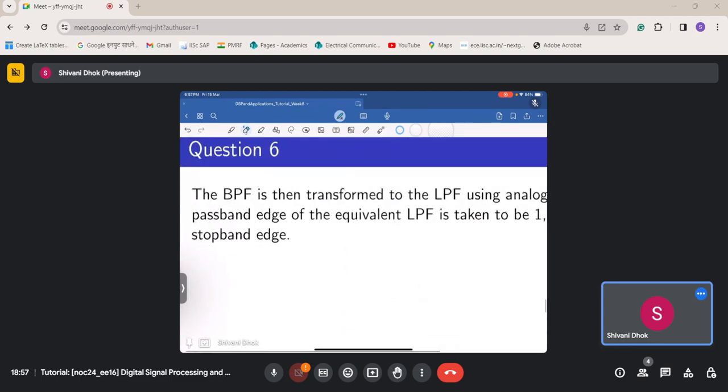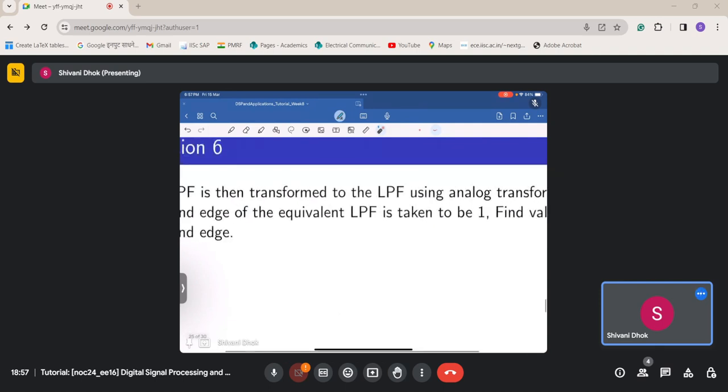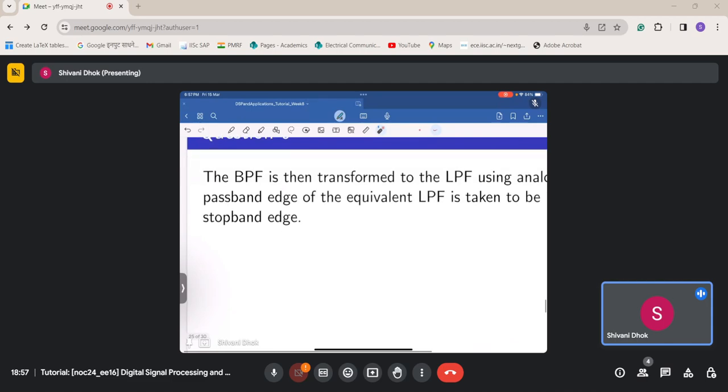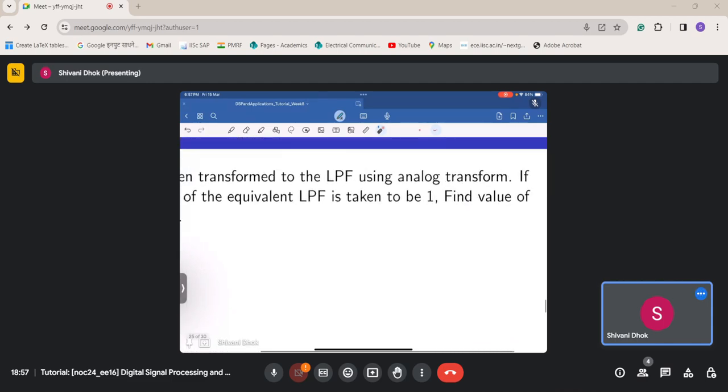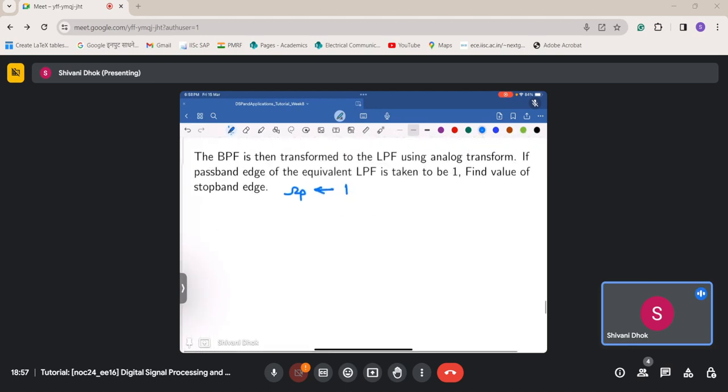So step 3 says that this band pass filter is then transformed to low pass filter using analog transform. If the passband edge of the equivalent low pass filter is taken to be 1, find the value of stop band edge. So we have this omega p set as 1, and if that is the case we need to find the stop band edge.